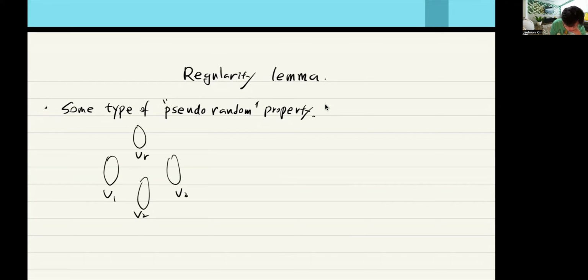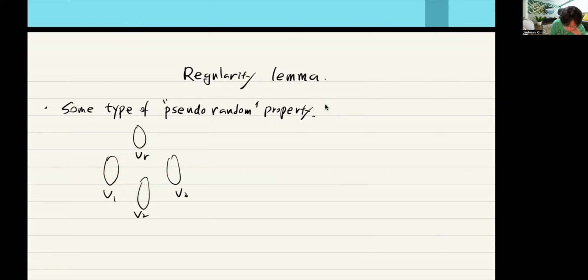And you consider some random graph. Between these, for each pair U and V, you flip a coin, and if this coin is head, then you add an edge. Tail, then you don't add an edge. You do that for all pairs.